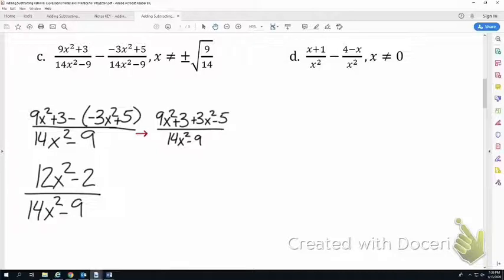What can I do in the numerator? Okay. So I've got the greatest common factor of 2, which leaves me with 6x squared minus 1. Can I factor the denominator? No.